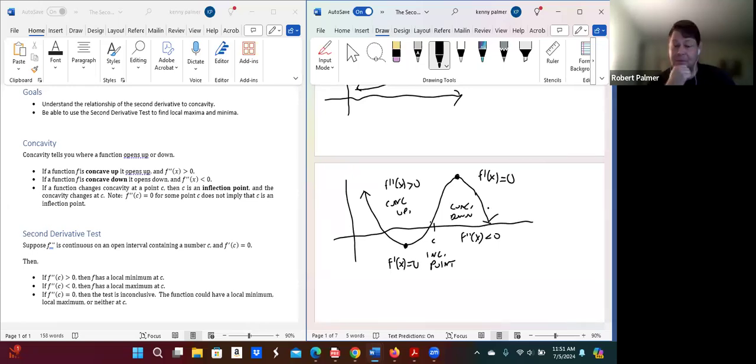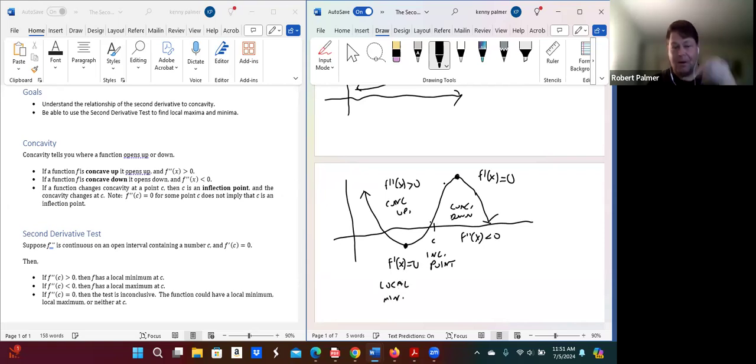So what we can see is, if the function is nice, continuous, and smooth, and you have a place where it's concave up and the first derivative is equal to 0, that implies a local minimum.